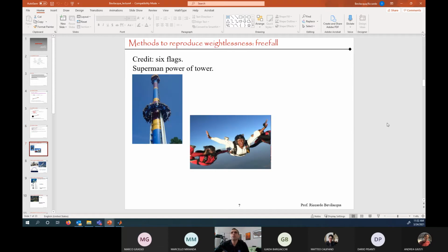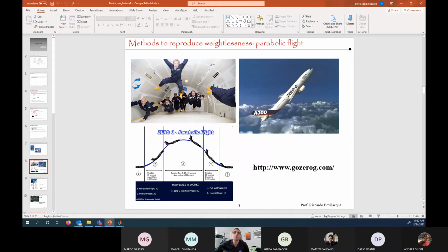Some interesting facts about this free fall thing. If we want to experiment on the ground with what it feels like to be without weight, you can go to an amusement park, of course, and that's pretty cool. But a little more elaborate, to reproduce the conditions of weightlessness for even just 30 seconds or so, are parabolic flights.